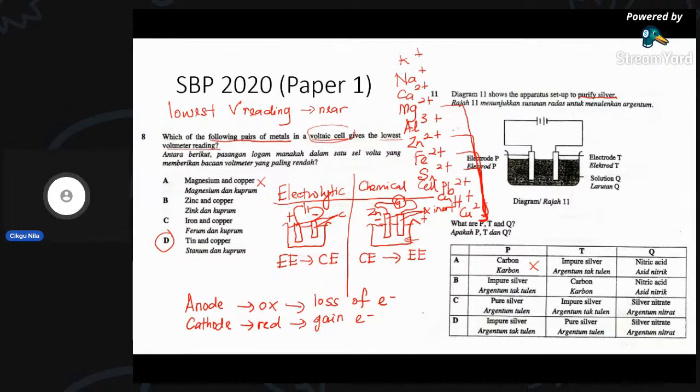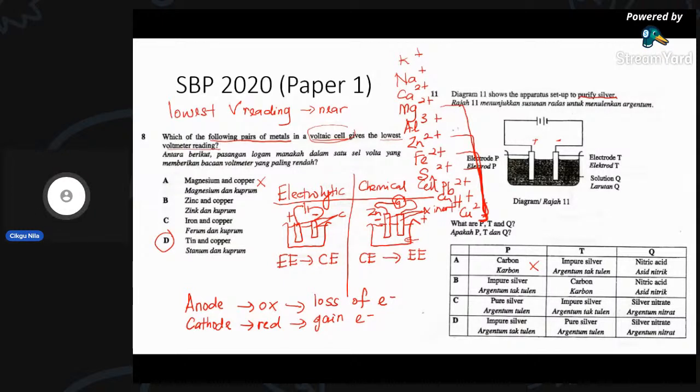Cannot be carbon. So what you are supposed to put as electrode P? If you see, this is the positive terminal, and this is the negative terminal.